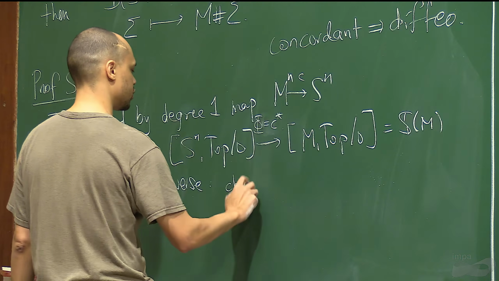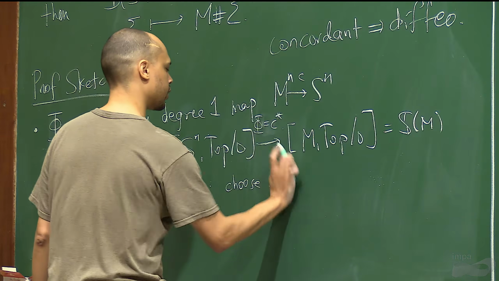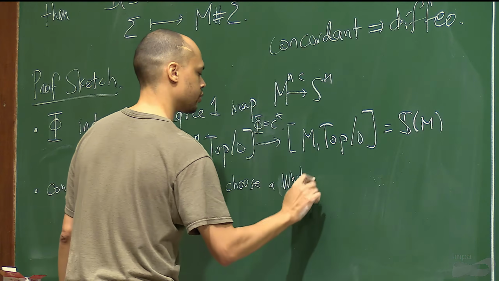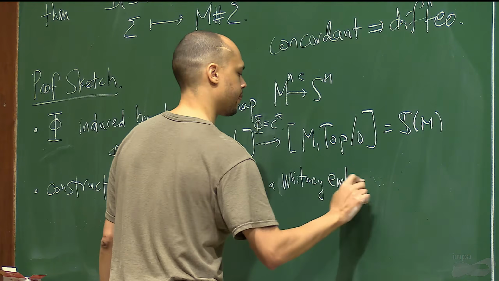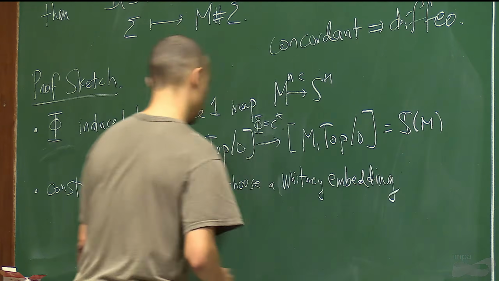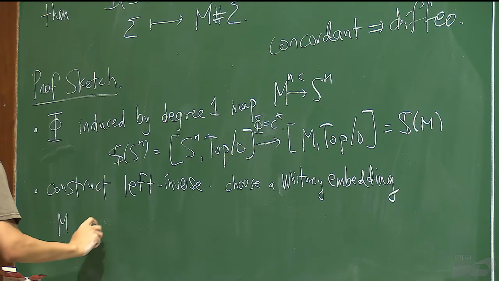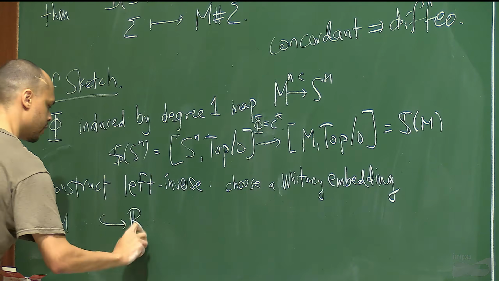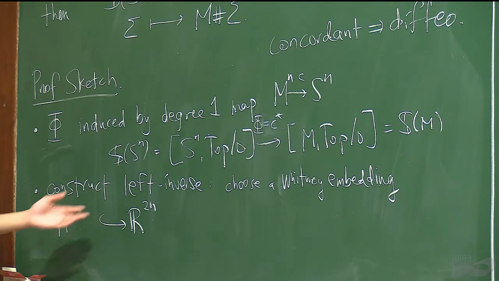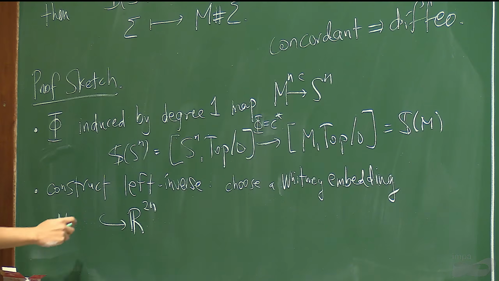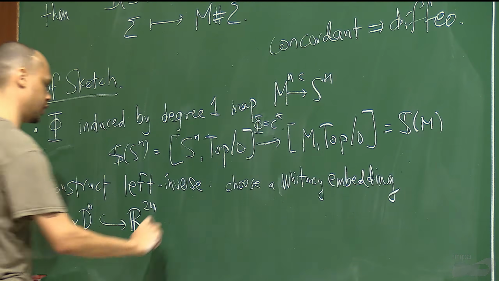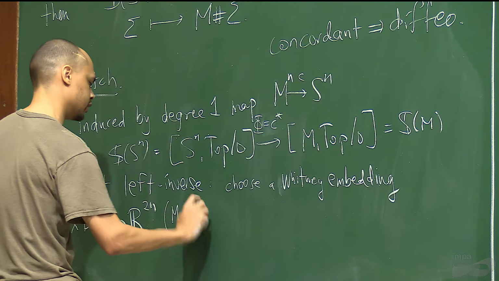First, you can choose a Whitney embedding from M into R^2N. And because M is stably parallelizable, the normal bundle of this embedding is trivial. So you get an embedding like this. Here we've used that M is stably parallelizable.